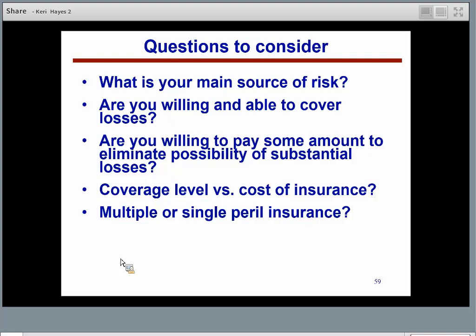And then last, thinking about single or multiple peril insurance. So a lot of people I talk to, if they're just worried about hail, they buy hail insurance, right? Multiple peril, the yield protection and revenue protection policies that I talked about here, cover every type of risk imaginable, right?